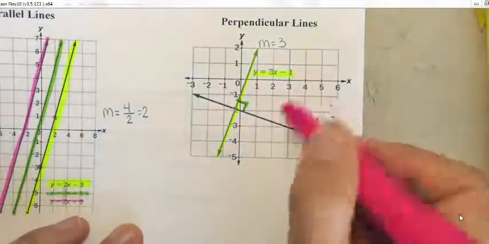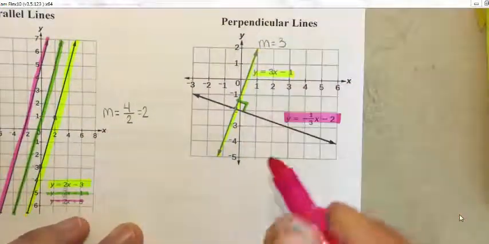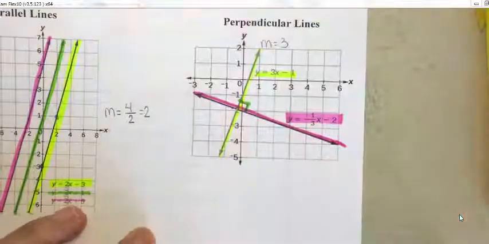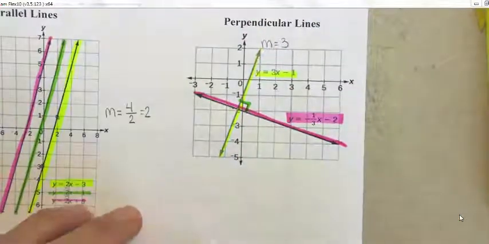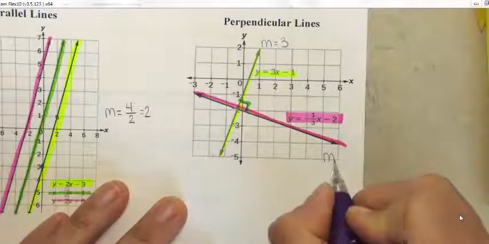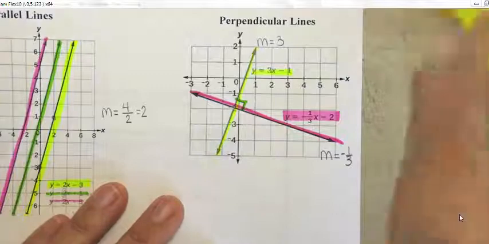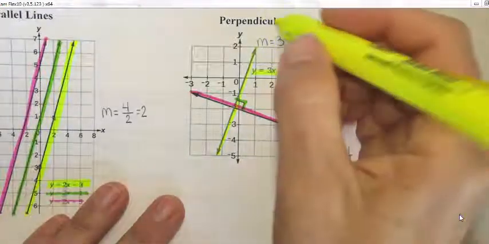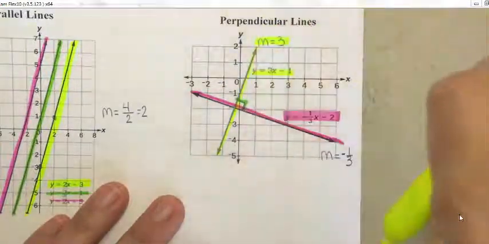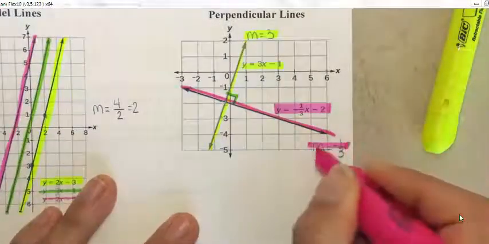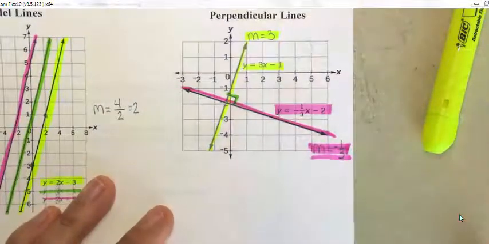And then my second line, the slope of this line is -1/3. Actually, let me highlight those slopes too so that they kind of stand out to us and they are coordinated with their lines.